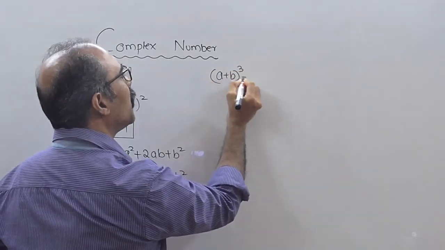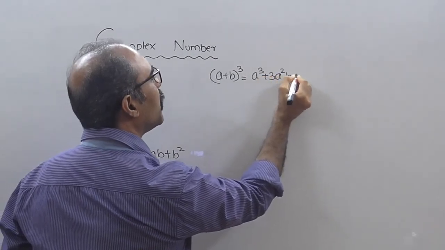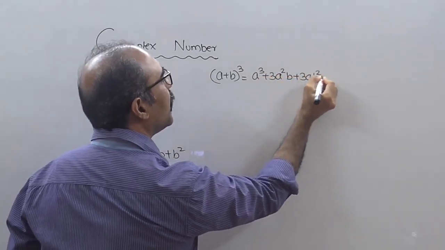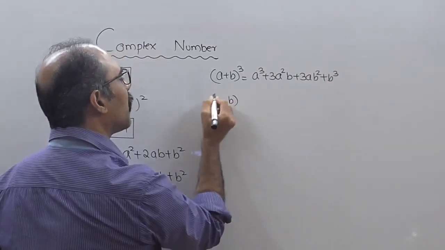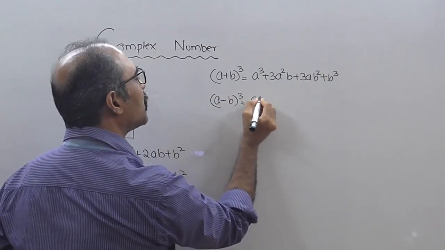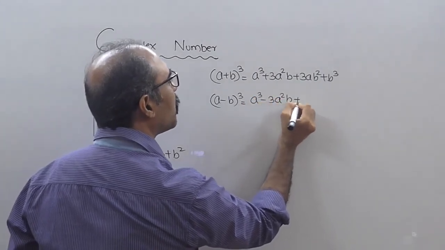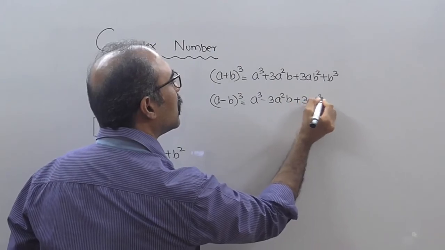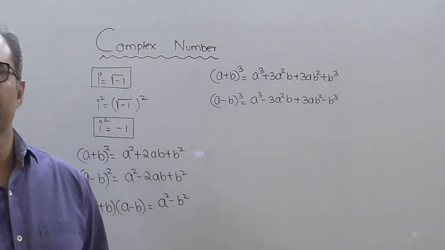A plus b the whole cube is equal to a cube plus 3a square b plus 3ab square plus b cube. Similarly, a minus b the whole cube is a cube minus 3a square b plus 3ab square minus b cube. You have to memorize these formulas.